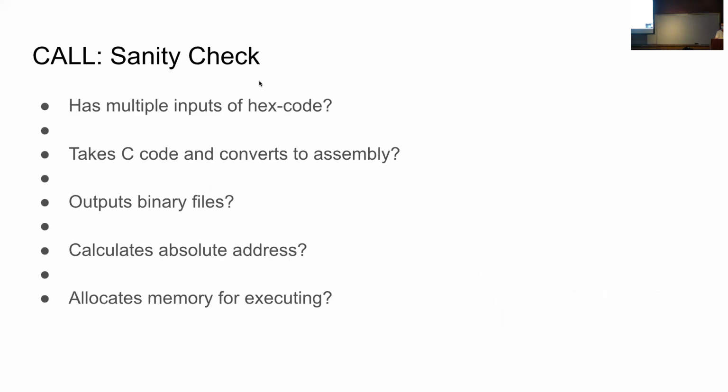All right, before jumping into going through the call stack, I just had a couple questions, a little sanity check. If someone wants to try and give me the answer for the first one on whether it's the compiler, assembler, loader, or linker that handles that first step or has multiple inputs of hex code.